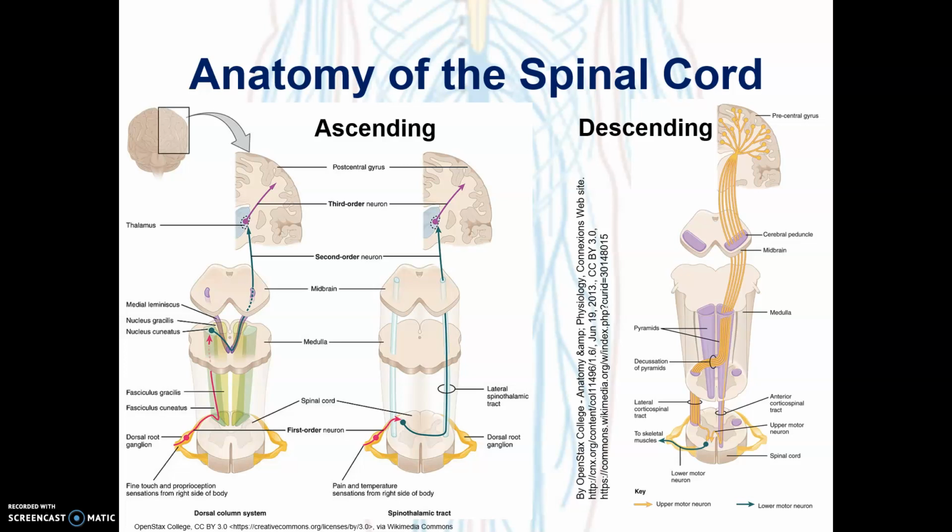They descend through the brain and brainstem on the ipsilateral side, but then they cross over in the decussation of the pyramids in the medulla and the pons, and then descend within the spinal cord on the contralateral side and supply motor sensation to the contralateral side of the body. So the left precentral gyrus will supply the right side of the body.